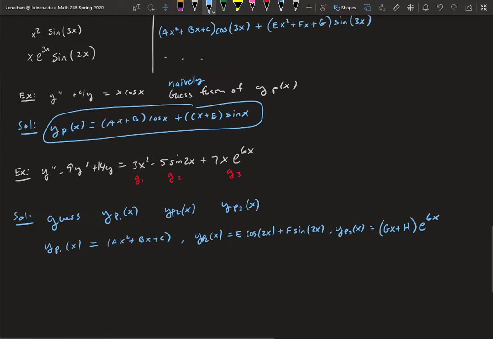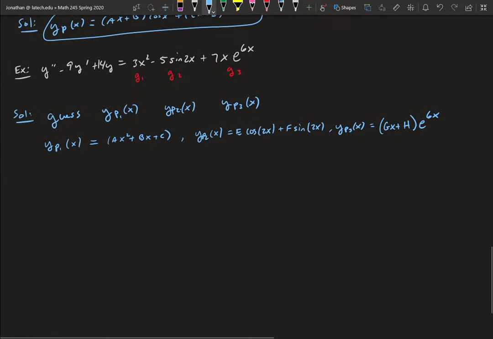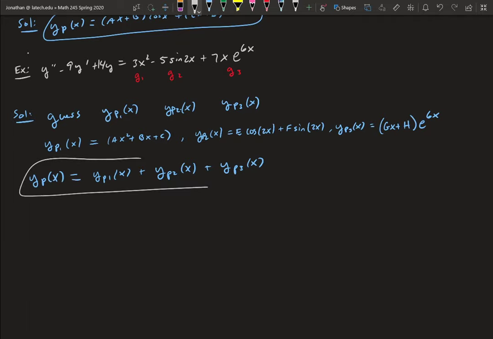And then for yp, we would add those together. So yp of x equals yp1 of x plus yp2 of x plus yp3 of x. I'm not going to write it all out, but that's the idea. If you have functions added together, you just add them all together.